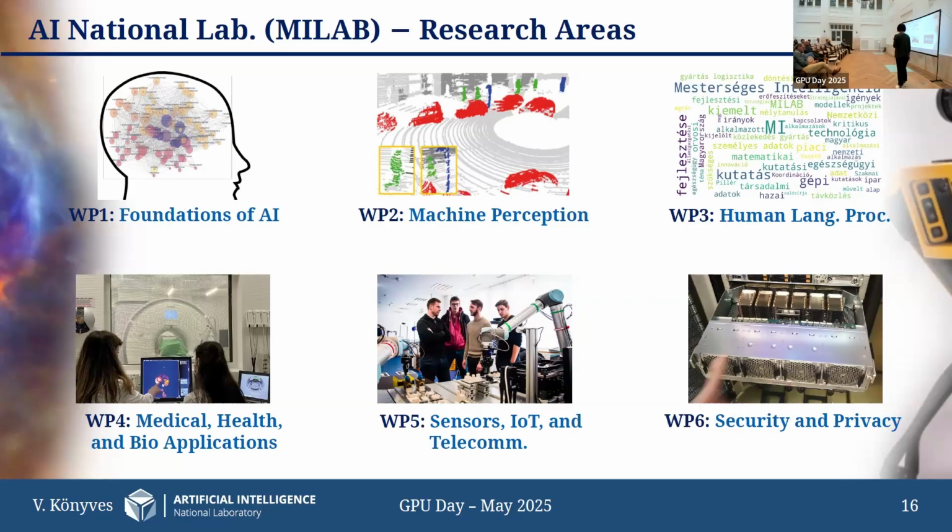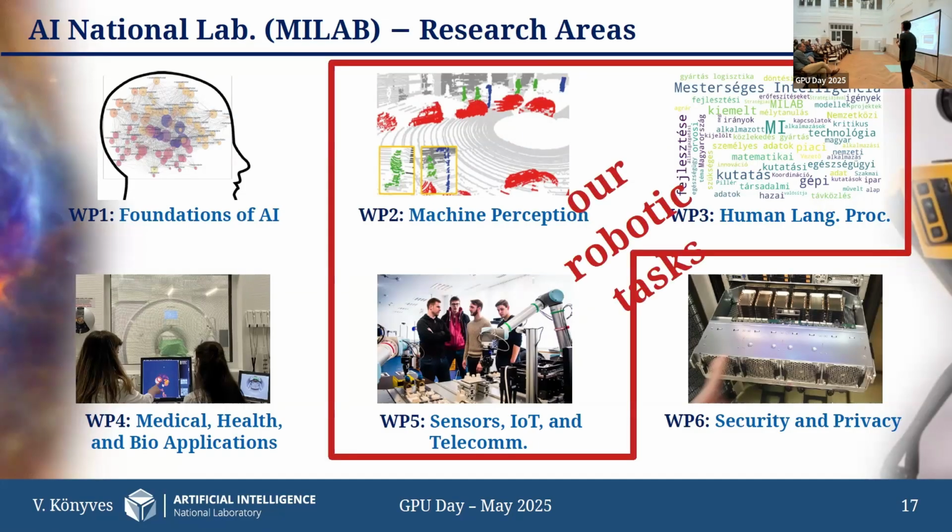So we are hoping for the best. Anyway, the currently running MILAB has 6 work packages. And with our robotic tasks, we can touch more of these very easily: machine perception, machine vision, no question. Then LLMs, large language models, visual language models, or sensors, detectors.